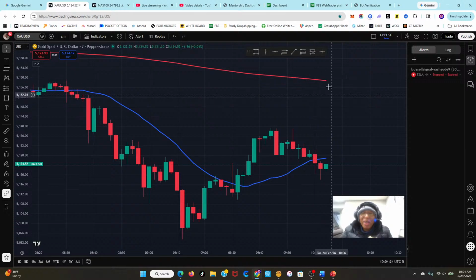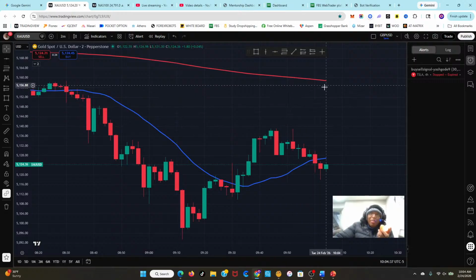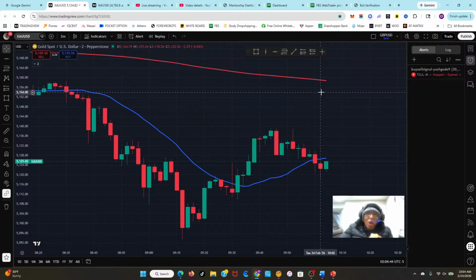You can see there's a big gap here. The tendency is to go back now. There's a gap between the 200 and the 20 moving average. When there's a gap like that, the tendency is to go back and close the gap.